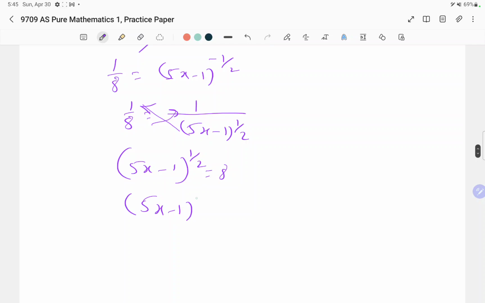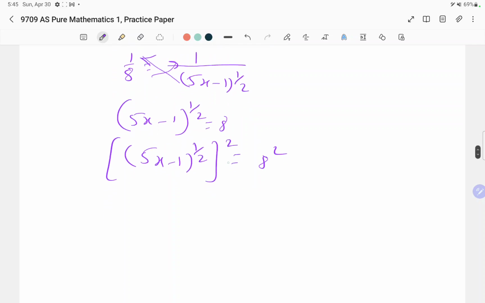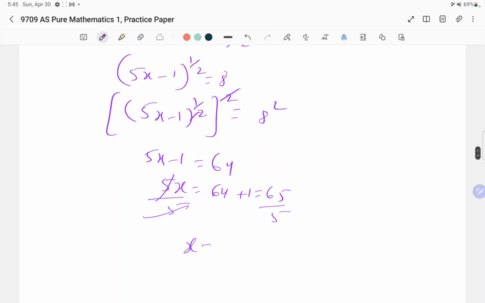Now square both sides. The 2 and 2 cancel. 5x minus 1 is 64. 5x is 64 plus 1, which is 65. Now divide by 5 both sides. The 5 and 5 cancel. x is equal to 13.